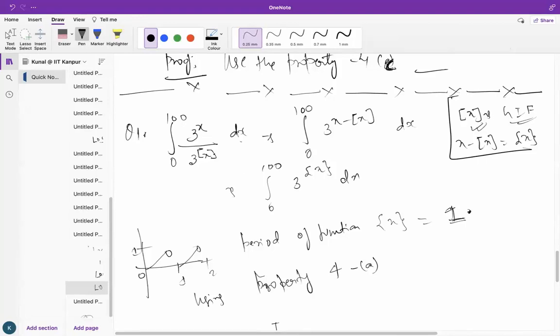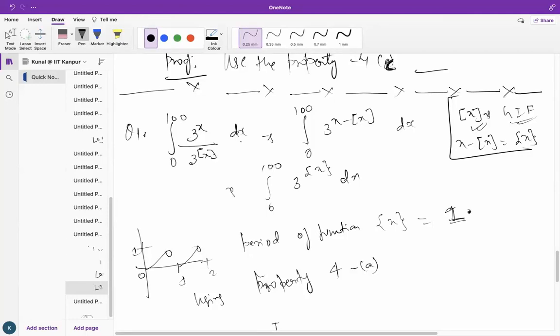We are using a simple exponential property, which is a to the power m by a to the power n is equal to a to the power m minus n. By using that property, what do we get? Our integrand looks like 3 to the power x minus box of x.